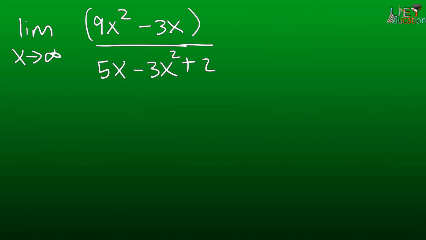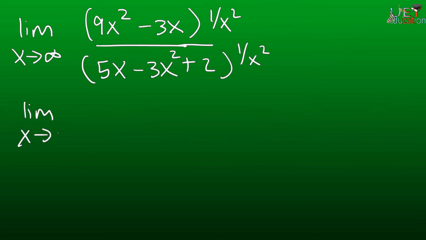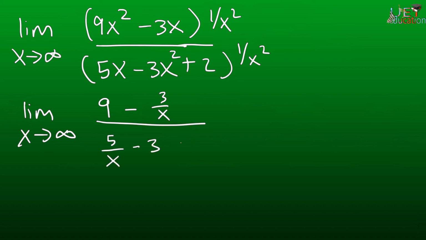So to show the work, let's multiply the top and the bottom by 1 over x squared. So this is going to be the limit as x approaches infinity of 9 minus 3 over x divided by 5 over x minus 3 plus 2 over x squared.